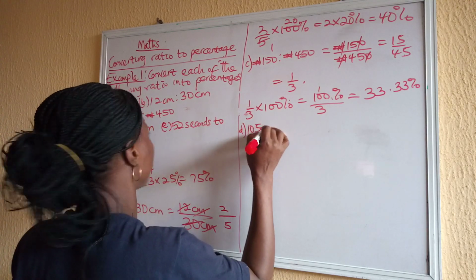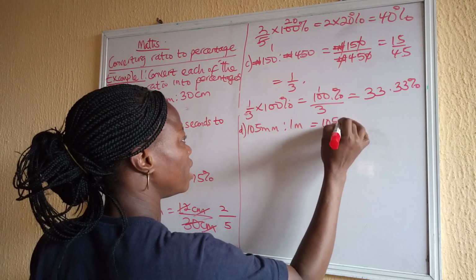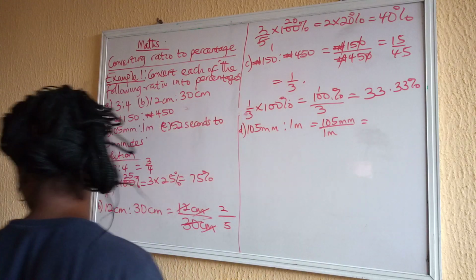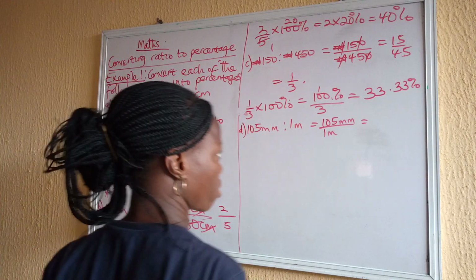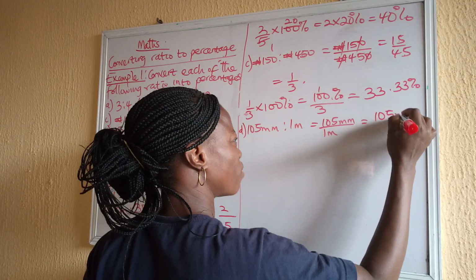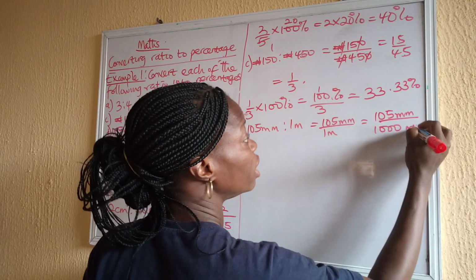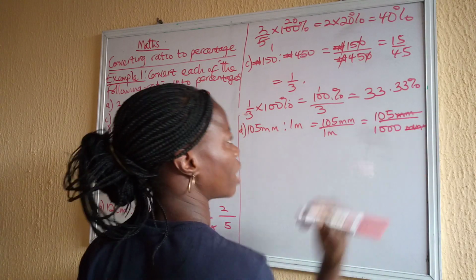D is 105 millimeters to 1 meter. Remember, how many millimeters make 1 meter? That's 1,000. So you have 105 millimeters over 1,000 millimeters. 1,000 millimeters will give you 1 meter. Millimeters will cancel themselves.